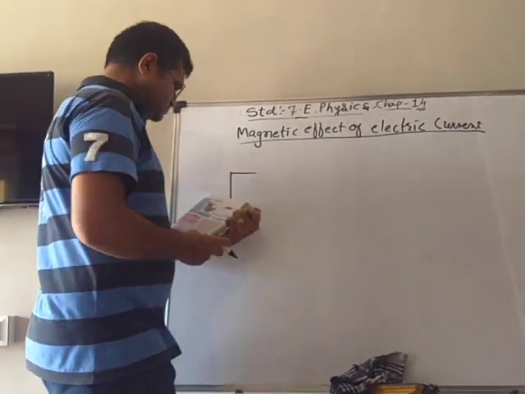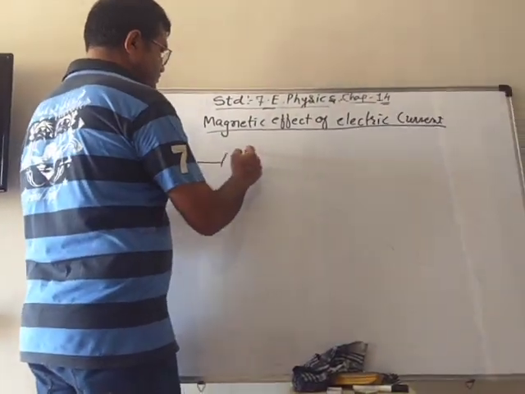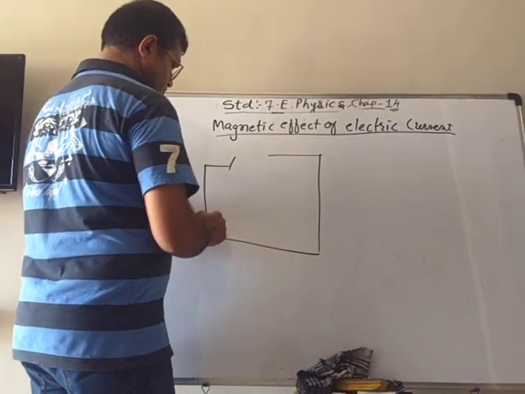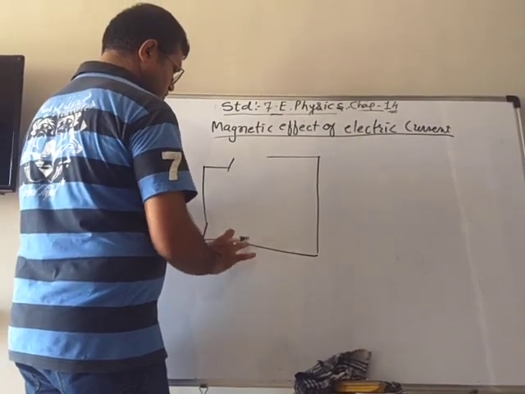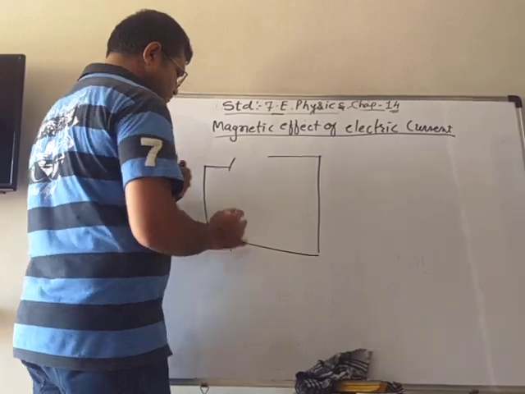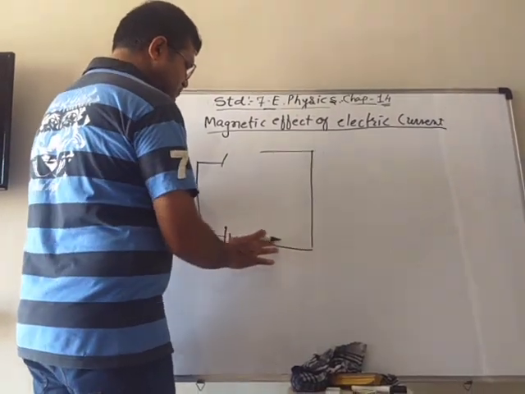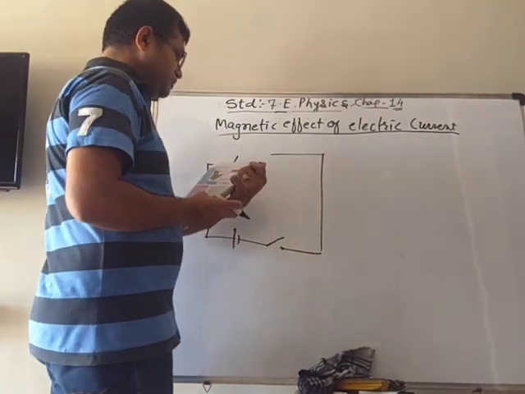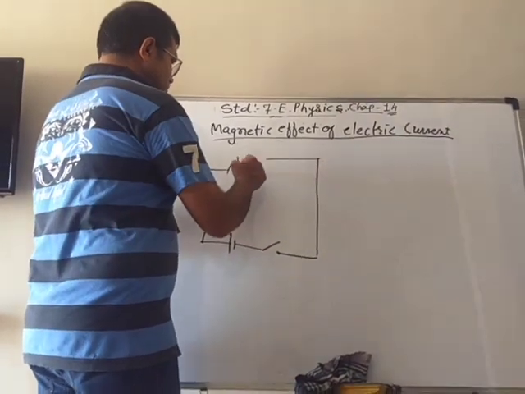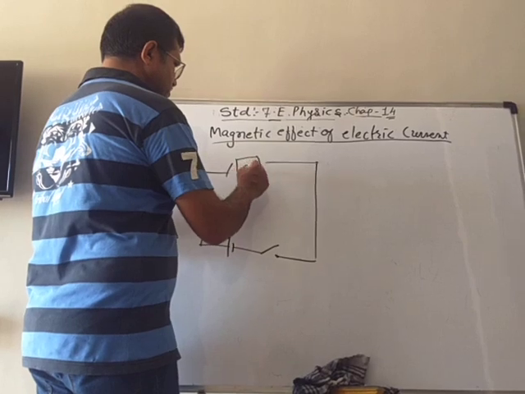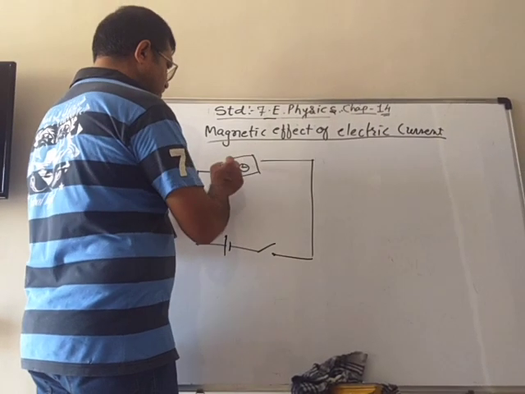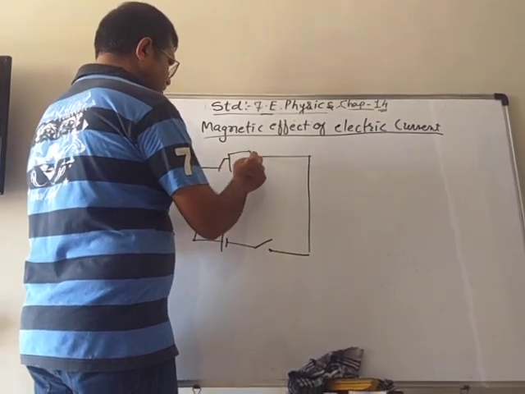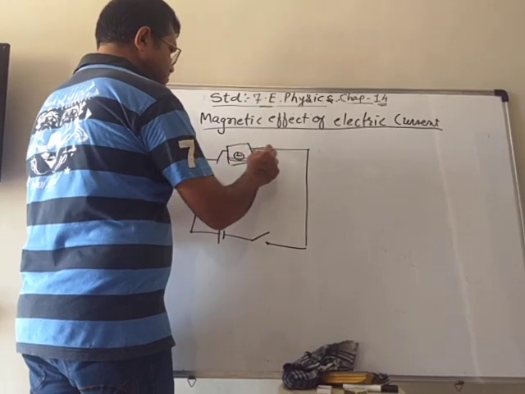That is our electric circuit. Here your cell is there, and then your switch. And here the matchbox is there. Inside there is the magnetic needle, and the wire is like that only.